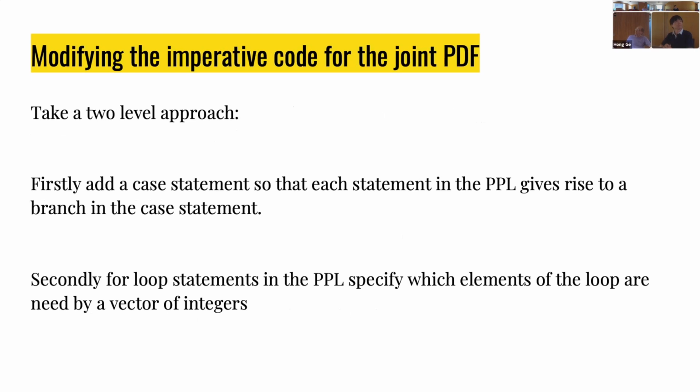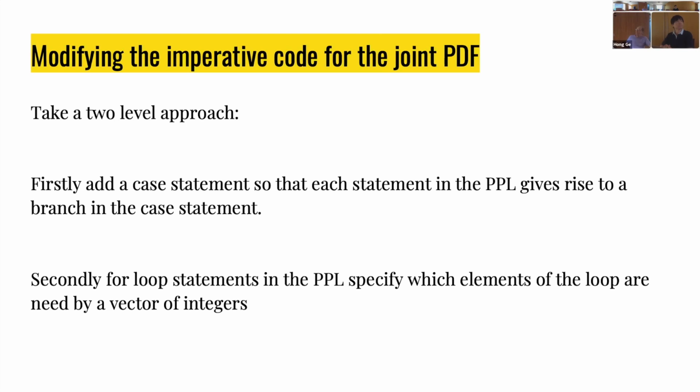I had sort of two ideas that came more or less at once. The first one is just to add a case statement to the code that calculates the joint PDF. So that would allow me to just evaluate certain statements.